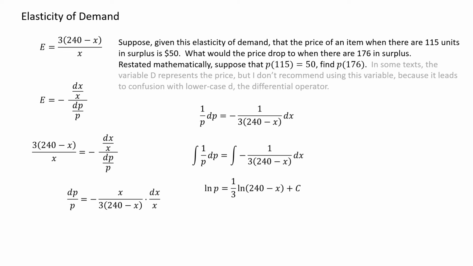Now from this point on comes some tricky algebra, but you'll recall that I can take an equation with natural logarithms and get rid of the natural logarithms by taking e raised to both sides of the equation. Here's a trick from pre-calculus.